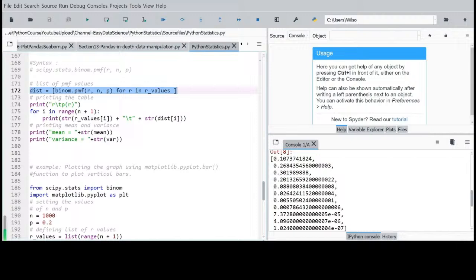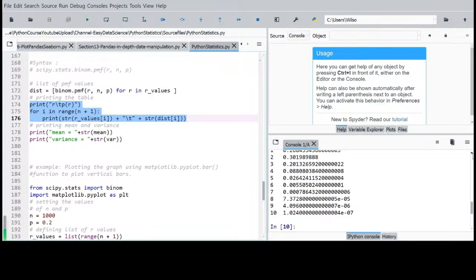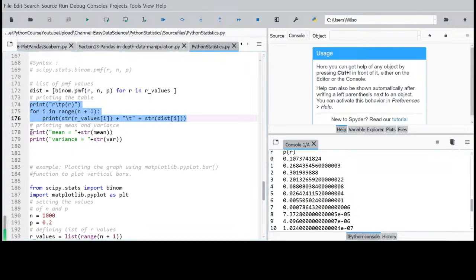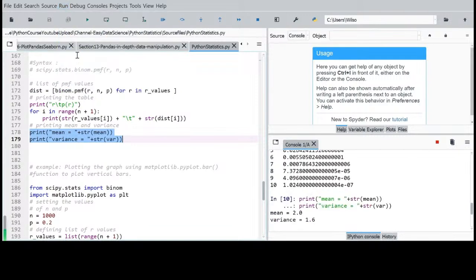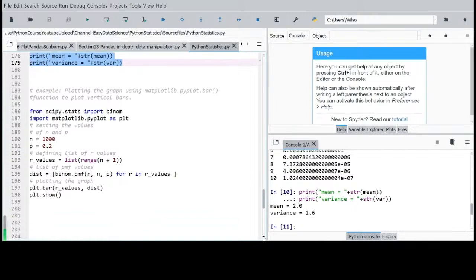And so on. Next we just print these values, and print mean and variance. Mean is 2, variance is about 1.6.